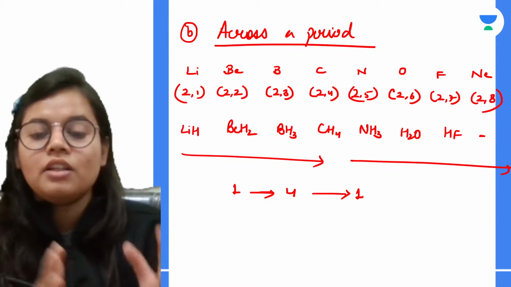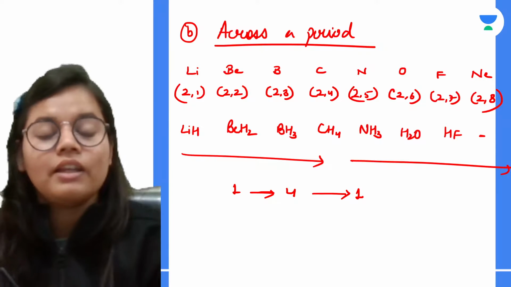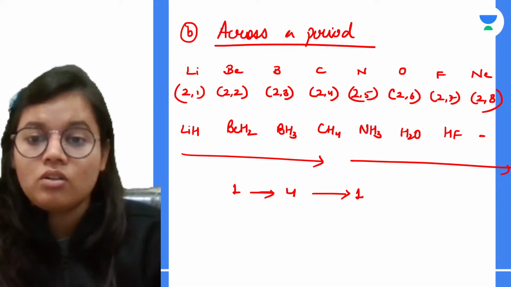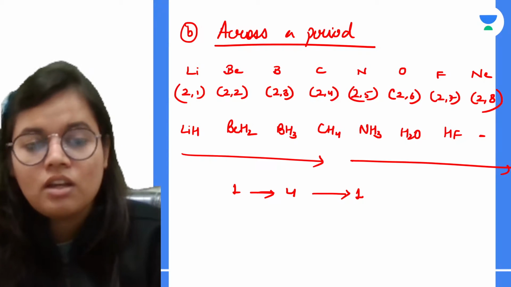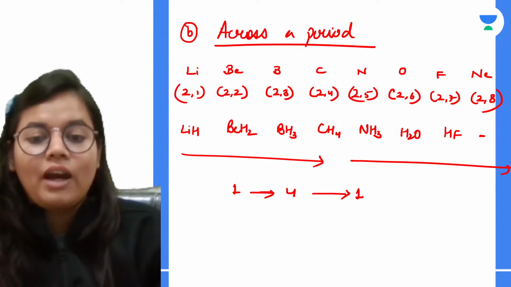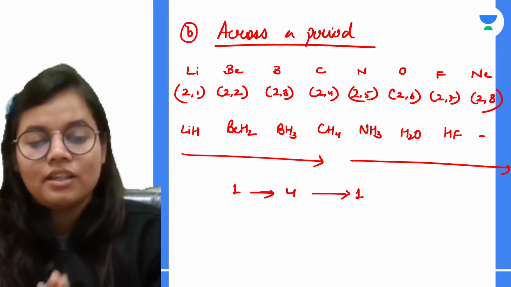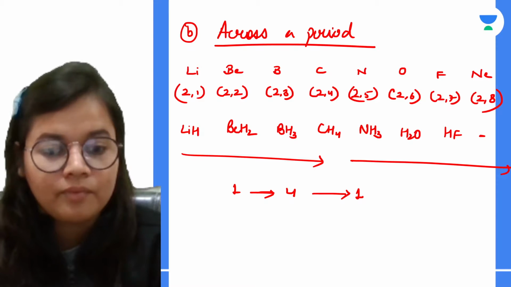Across a period, the number of electrons increases arithmetically, so the number of electrons in the outermost shell also increases. So with respect to hydrogen, the valency increases from 1 to 4 and then decreases from 4 to 1.